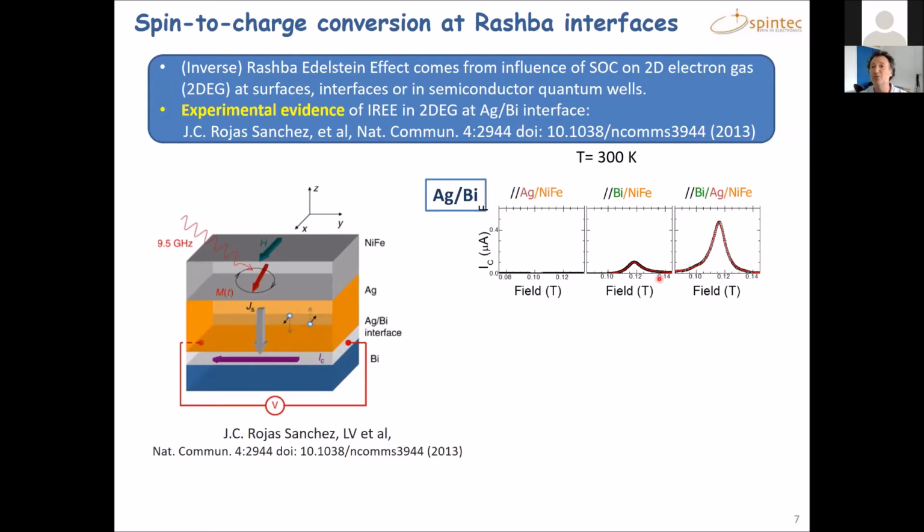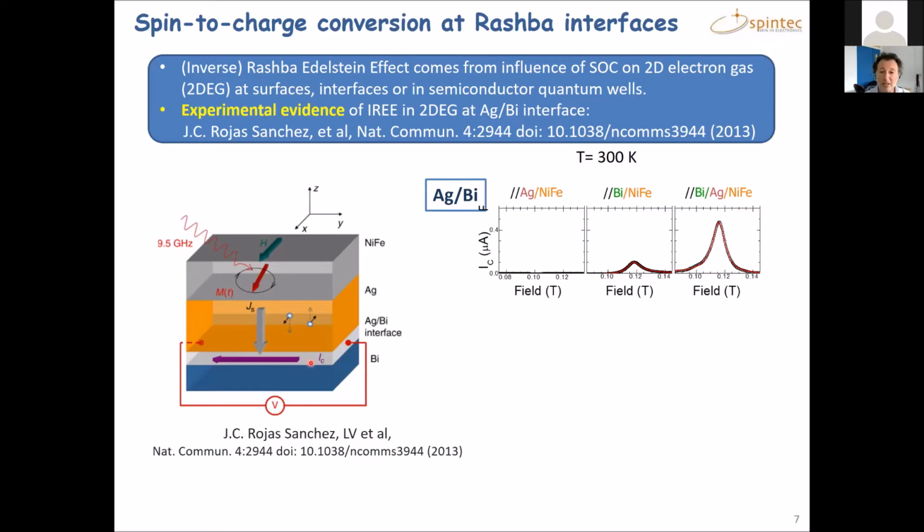But what is much more interesting is the case where we have formed an interface between silver and bismuth, where we have the largest production. So here the sample looks much more interesting than the other ones in terms of interconversion. But in that case, we are injecting a three-dimensional spin current density and converting it into an interfacial charge current density.